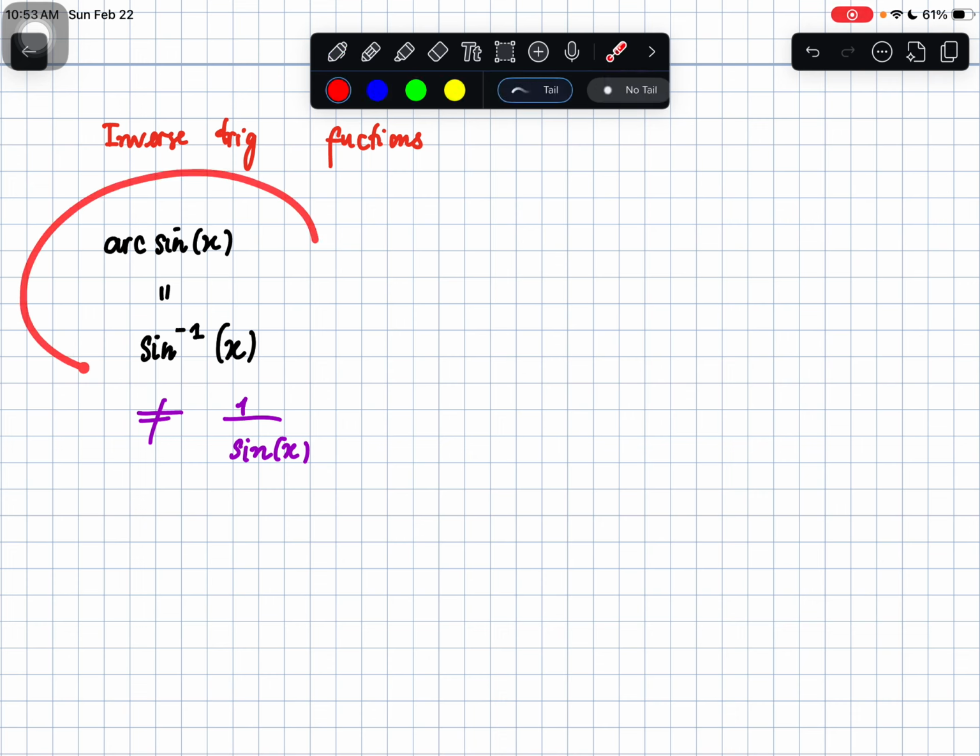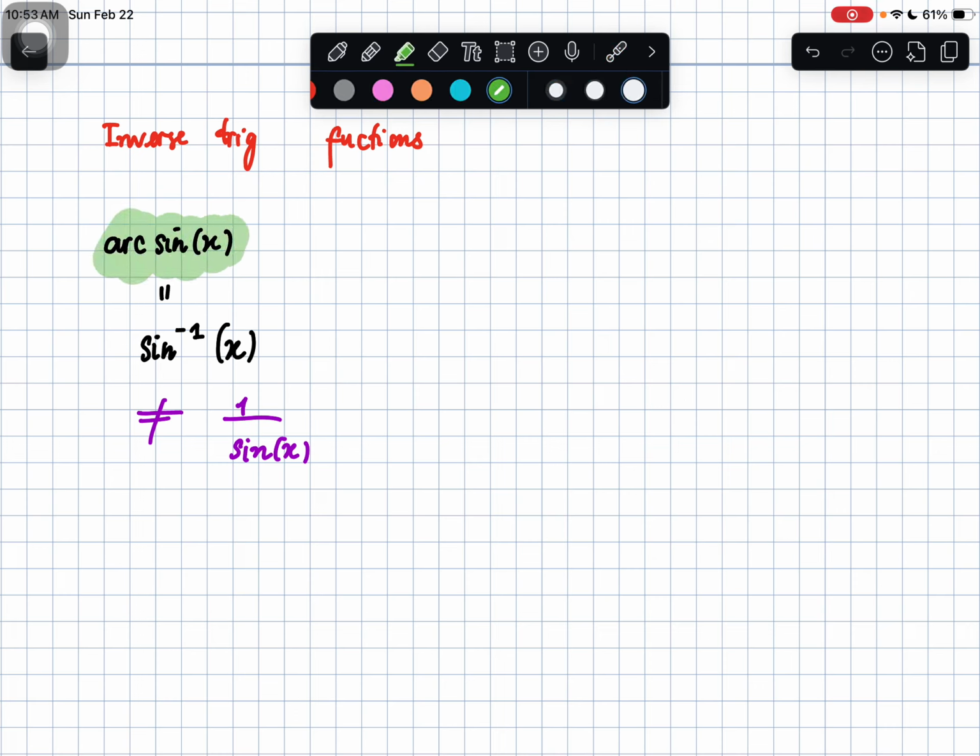This is the inverse function of sine of x, while 1 over sine of x is the reciprocal, so it is not the same thing as the inverse function. That's why I prefer to use the notation arc sine of x.